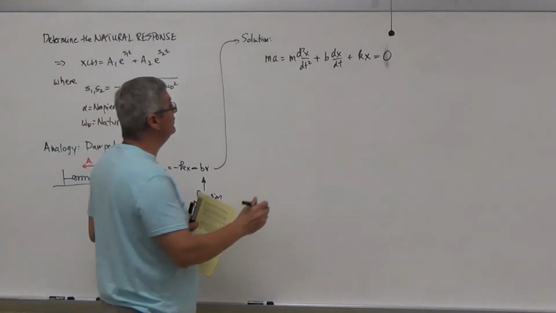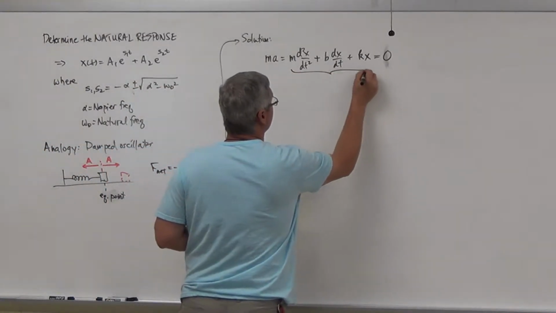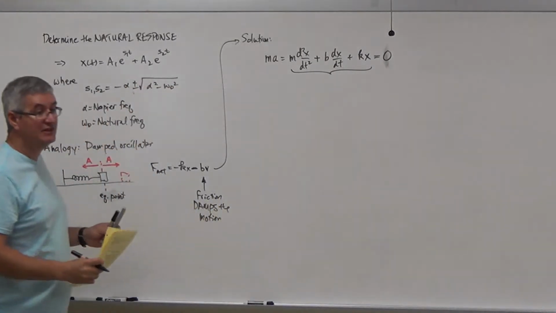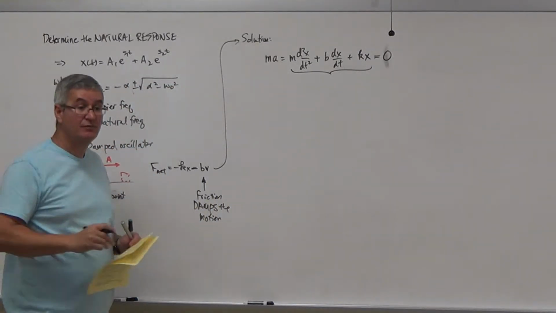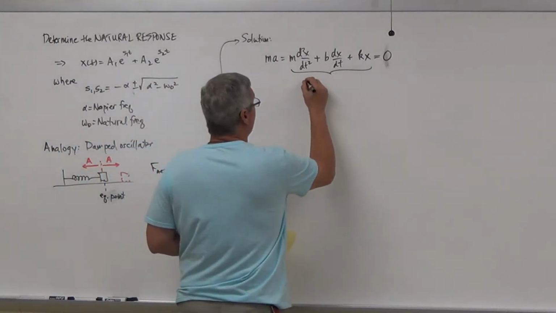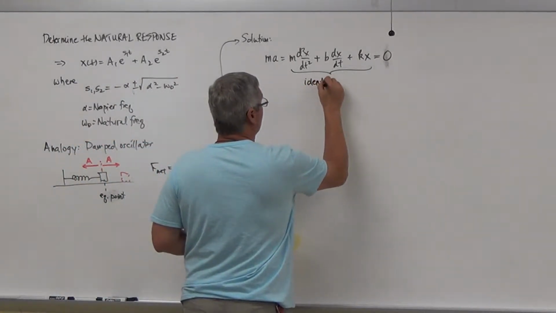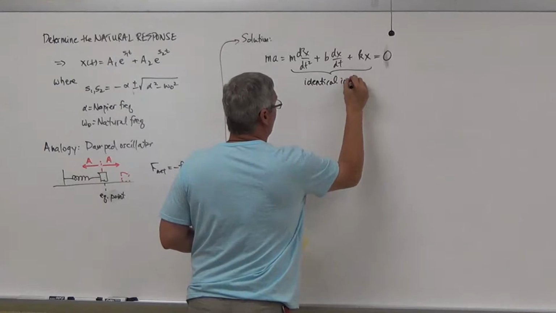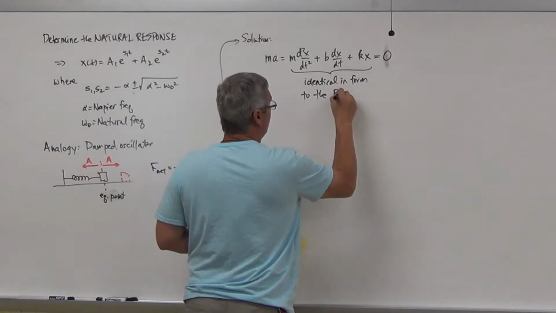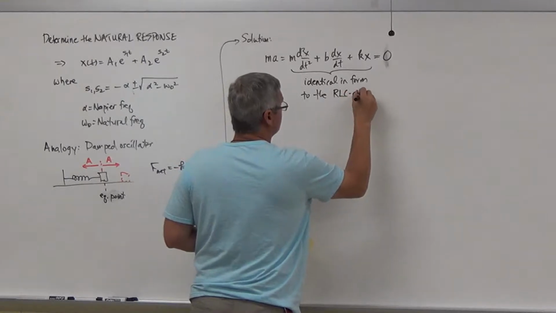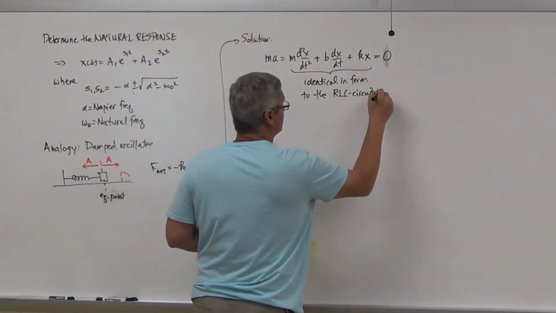So what I want you to do is look at this equation right here. This equation is identical to that equation that we solved for. So this is identical in form to the RLC circuit equation.